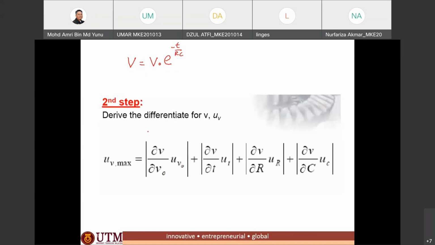We need to do that four times. We need to find dV over dV out, and then multiply with the uncertainty. Then you have to find the term here. Let's say this is term 1, term 2, term 3, and term 4. So we need to find each term result, or equation.